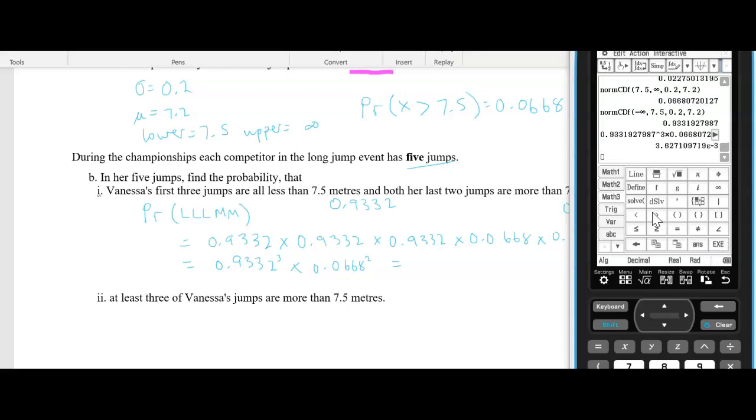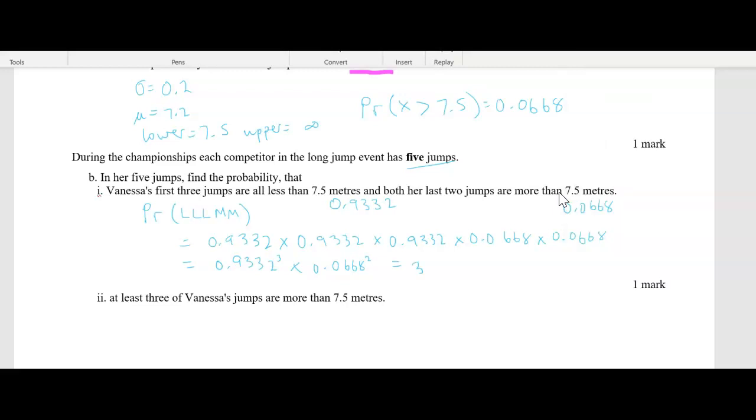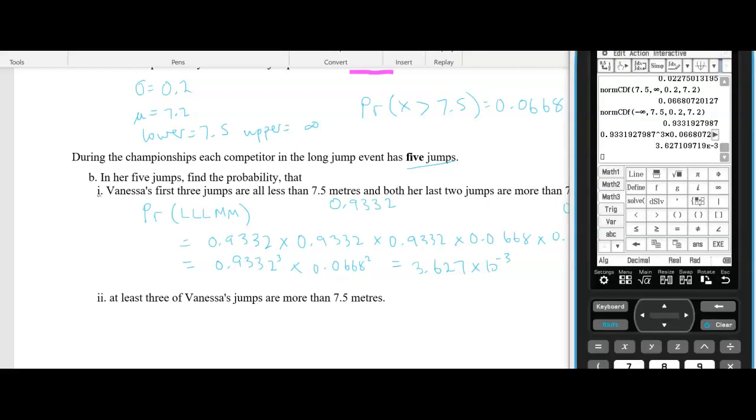There we go. All right, so remember that E, don't be scared of it. It just means we need to replace that E with times 10. So I'm going to write down 4 numbers. So 3627 times 10 to the negative 3. Negative 3.